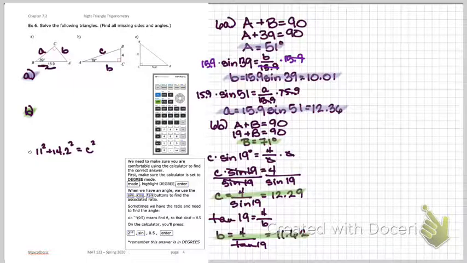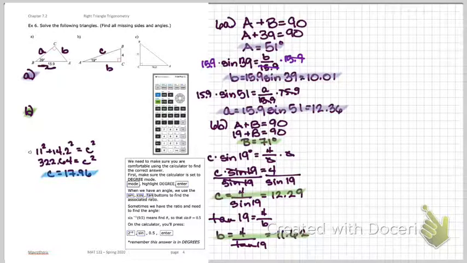When we multiply those out, I get 121 plus 201.64, so I get 322.64 is c squared. So the length of side c is 17.96. Again, I'm carrying that to one place more than what I was given originally.